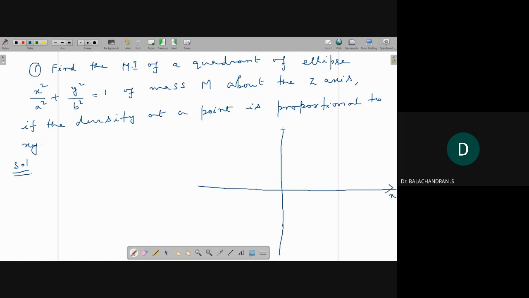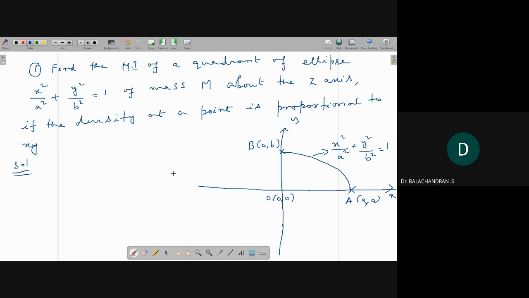This is the x-axis, so this is the y-axis. This is a portion of the ellipse x square by a square plus y square by b square equal to 1. This is the origin. This is the point A comma 0. This is the point B, 0 comma B.